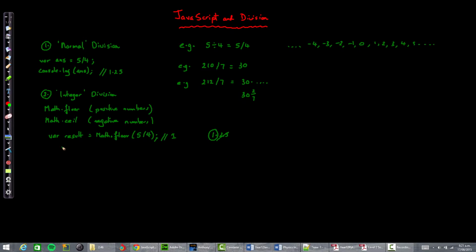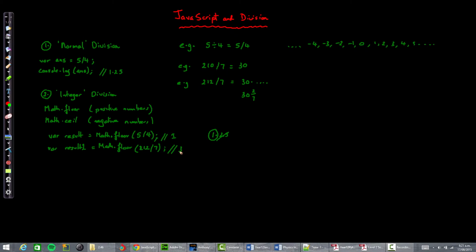Okay, so another example might be if we said var result1 equal to, let's do Math.floor again, and if we said this 212 divided by 7, well, I know that the whole number result is going to be equal to 30 with a bit left over, so what will this give?